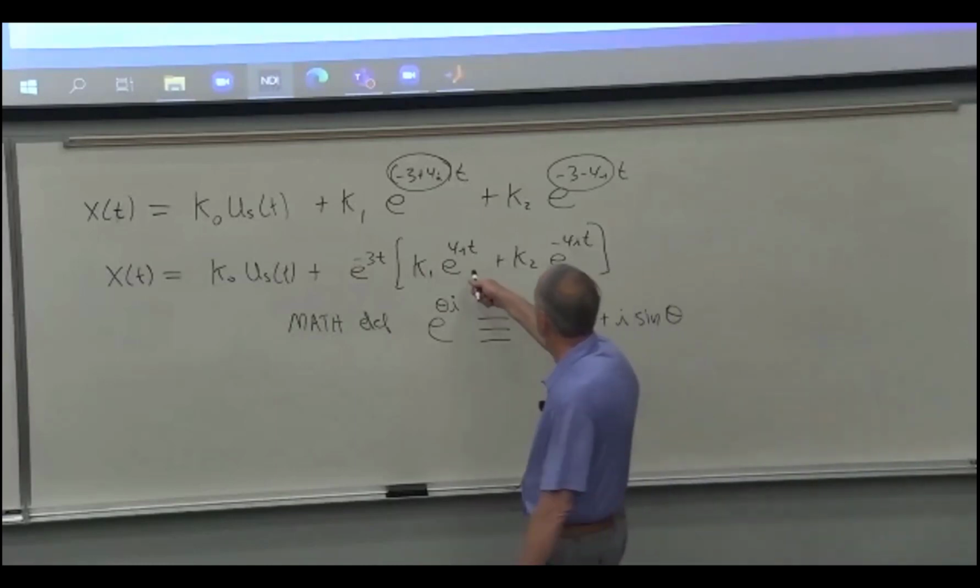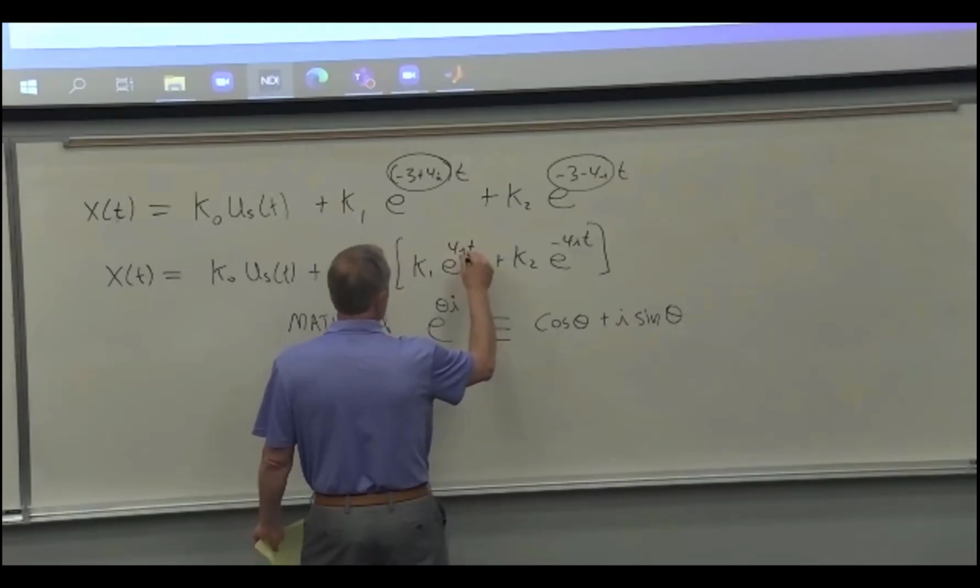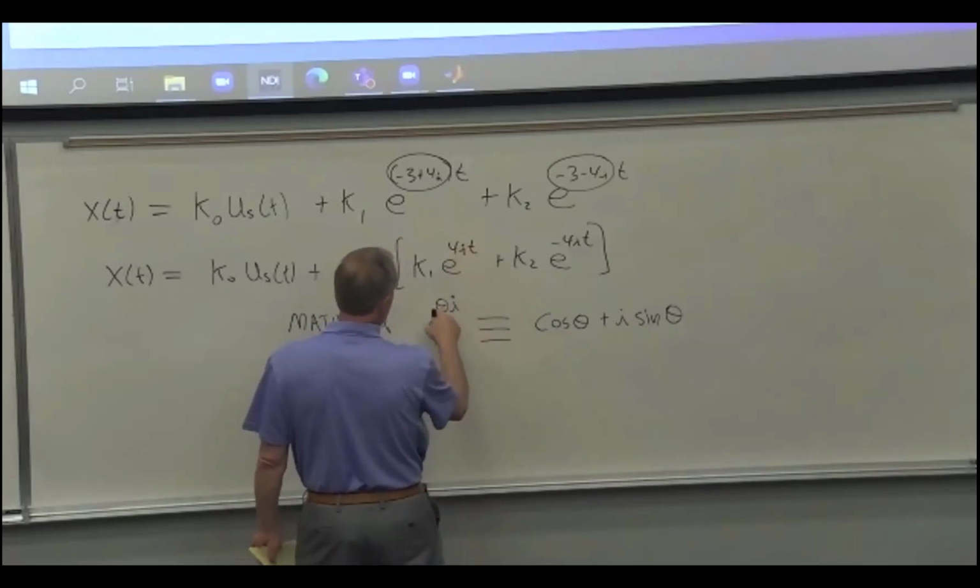And so what that means is that this is sines and cosines of 4t. All right, theta is 4t.